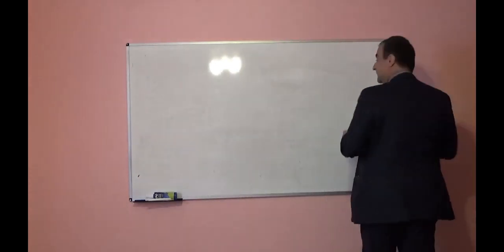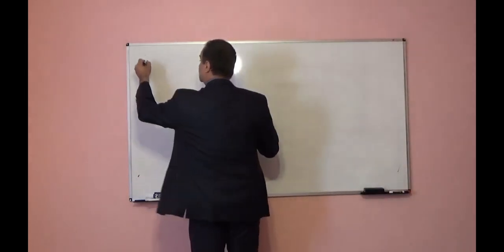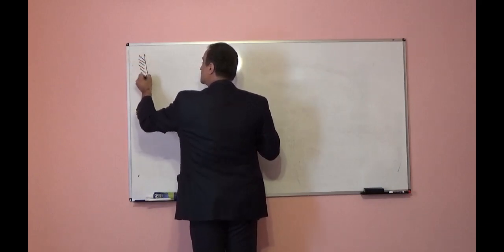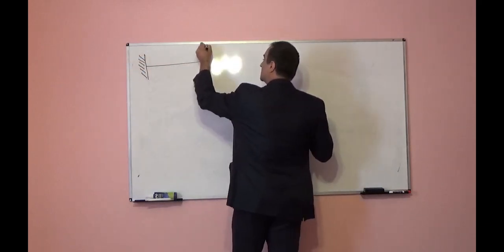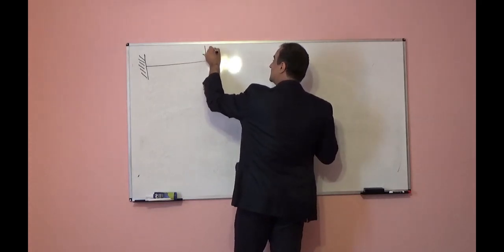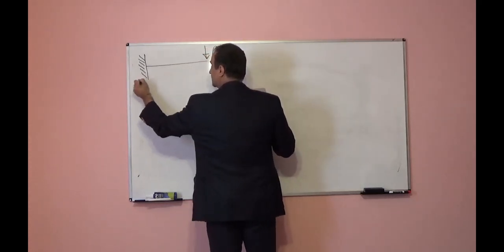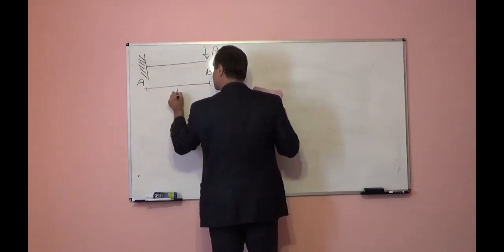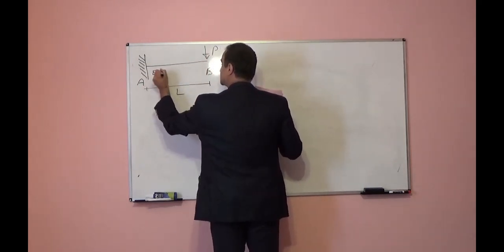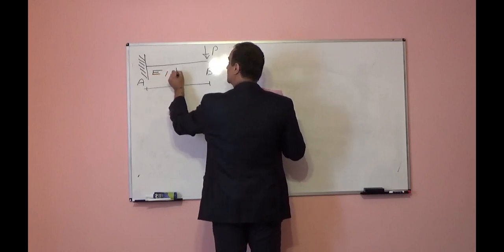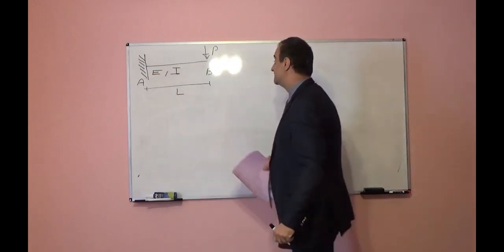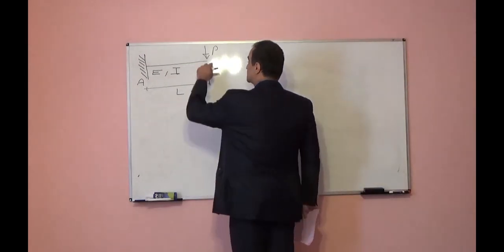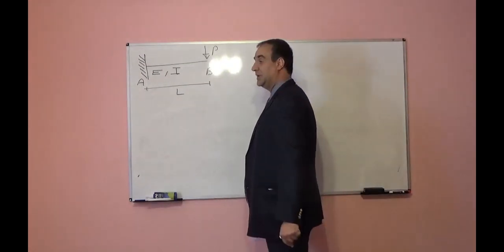Okay, assume we have one cantilever beam subjected to a concentrated load at the free end. Point A, point B, the length is L, Young's modulus is E, and moment of inertia is I. What will happen if we apply a concentrated force at point B?